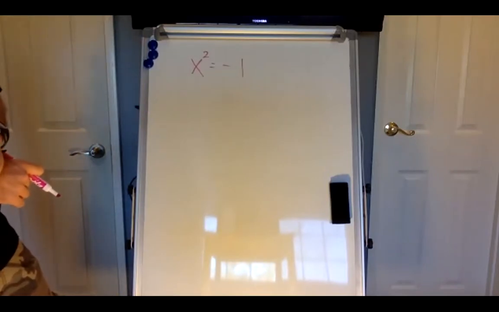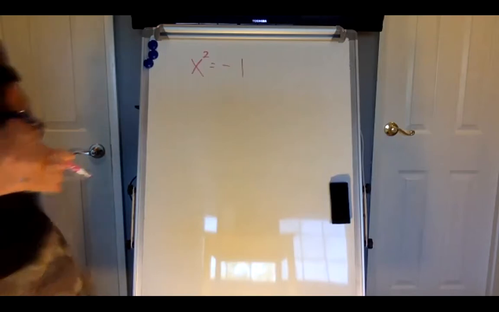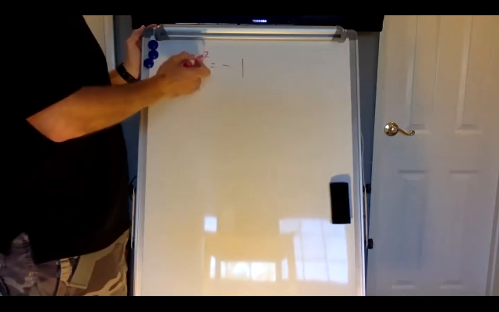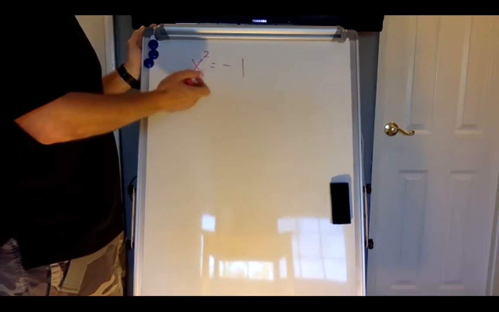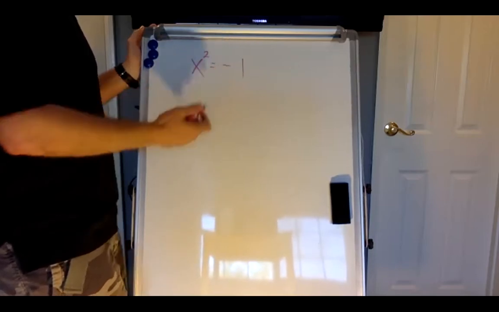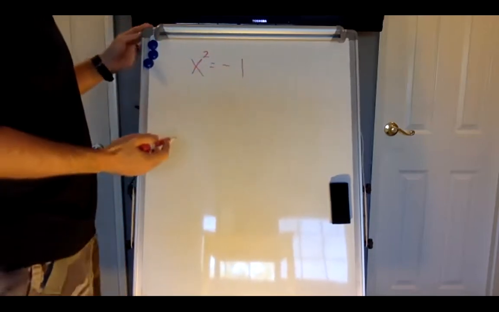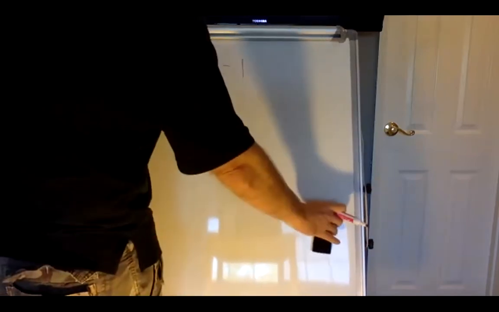You cannot get a real number when you take the square root of -1, because a positive times a positive is a positive, and a negative times a negative is a positive. So this is not something that can happen in reality. But in mathematics it can.